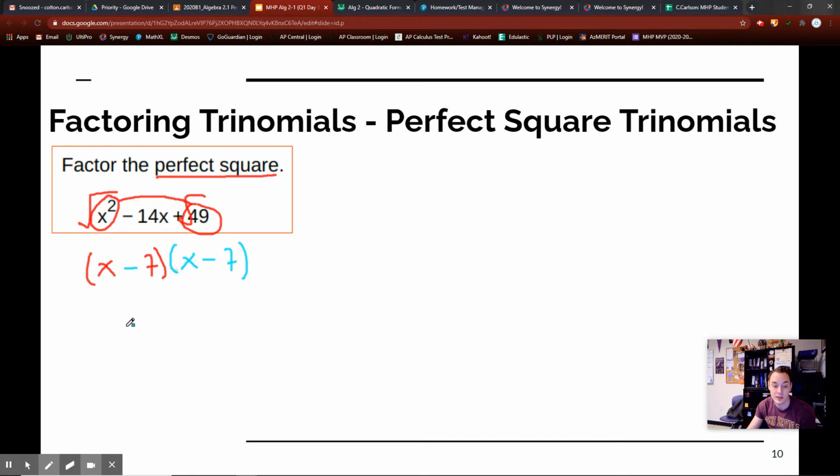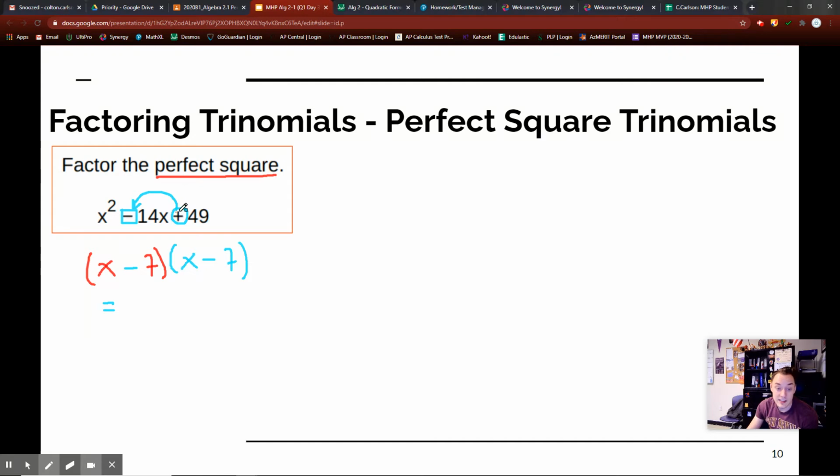The reason it's negatives, guys, is because if you remember from Algebra 1, if I look right here, this is positive. And since that's positive, I always look at that sign to see if it's negative or positive. If it's negative, that means both of my parentheses when I factor out will be negative. If that's positive and that first sign is positive, then they're both going to be positive.